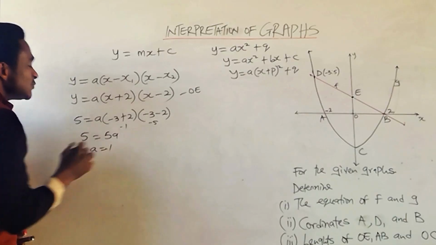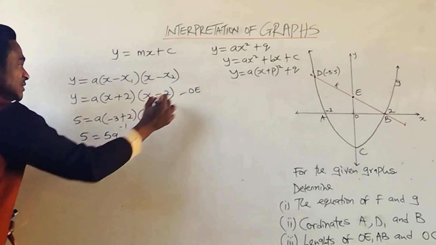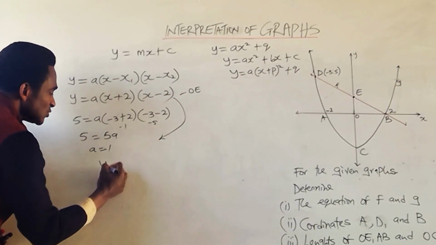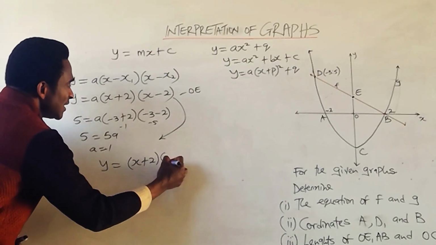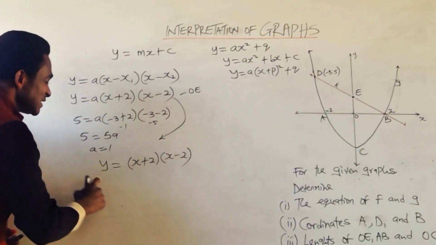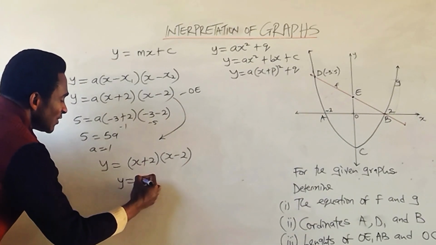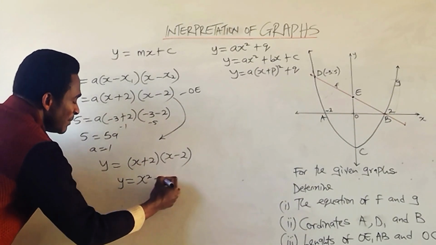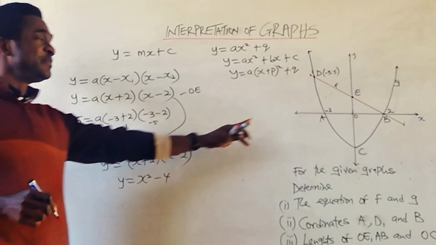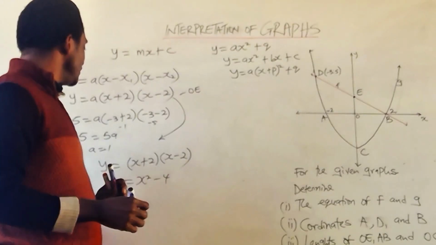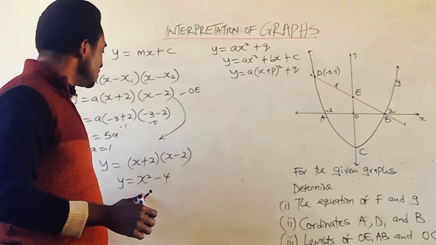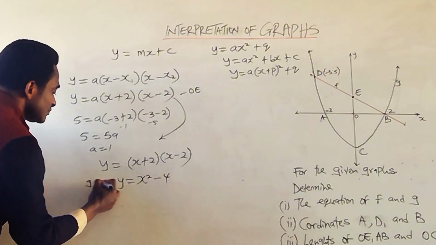So our a is 1. We go back to the original equation and substitute our a as 1. So we have 1 into x plus 2 and x minus 2. If we simplify this equation of the graph, we have x squared minus 4 as the equation of the parabolic graph here. Now we've gotten the equation of the parabolic graph, that is the equation of graph of g.